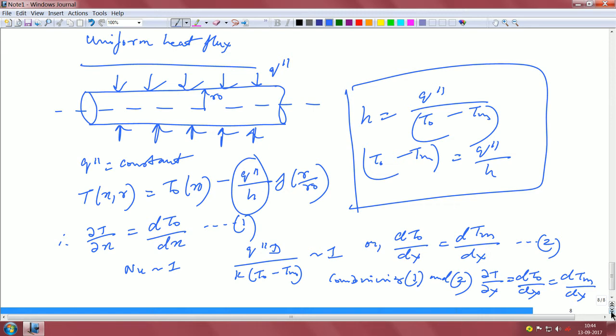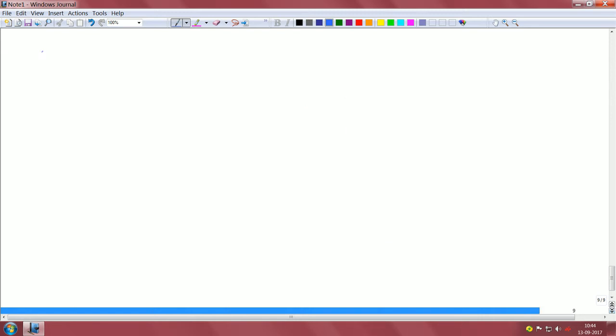Now, in addition to this, we already know that dTm/dx is basically 2/r0 times q'' divided by ρ cp times u, right. Okay. This we already know, recall this is the average axial velocity, got it.